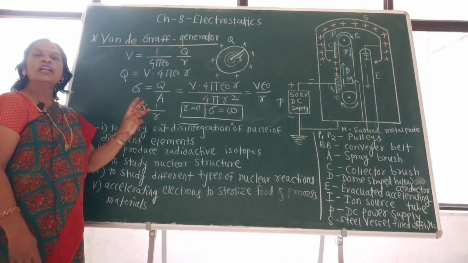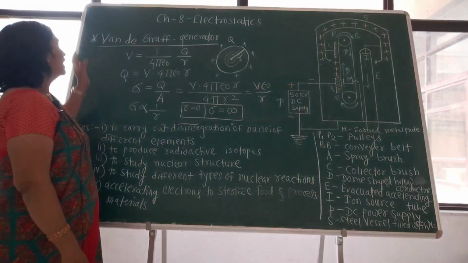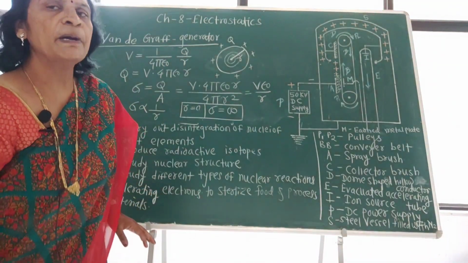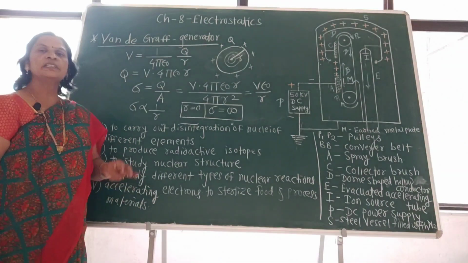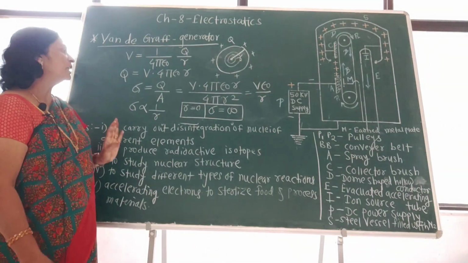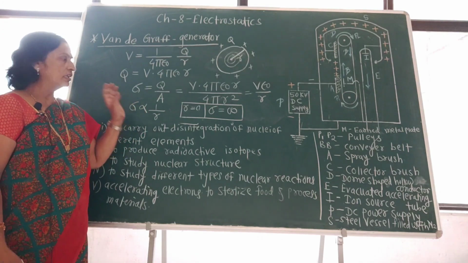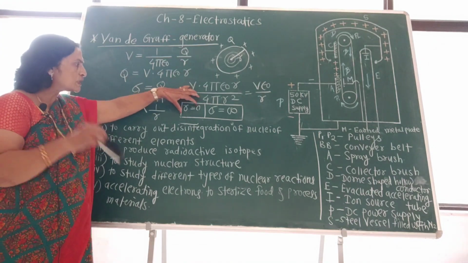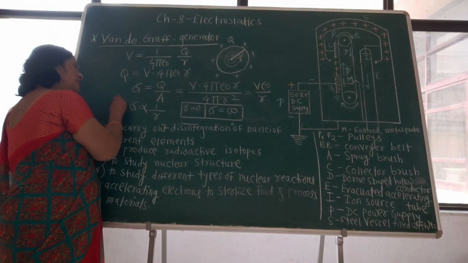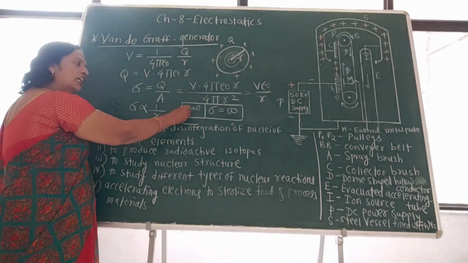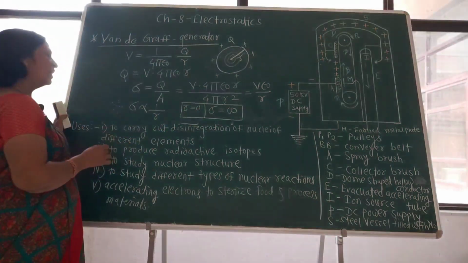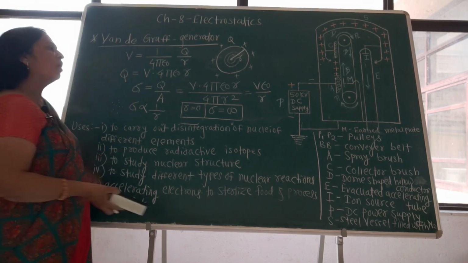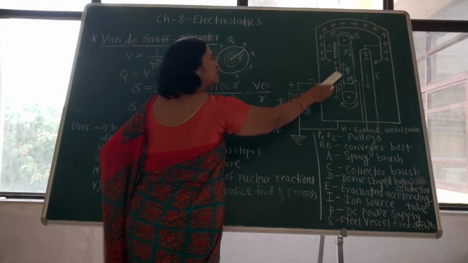Now, what is the corona discharge phenomenon? The Van de Graaff generator is based on a principle that consists of three different points. The first point is corona discharge. In corona discharge, we use the sharp point of the conductor, where a very large number of charges are present, on the spray brush.